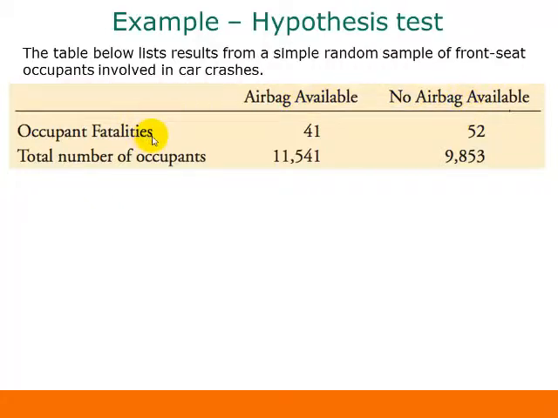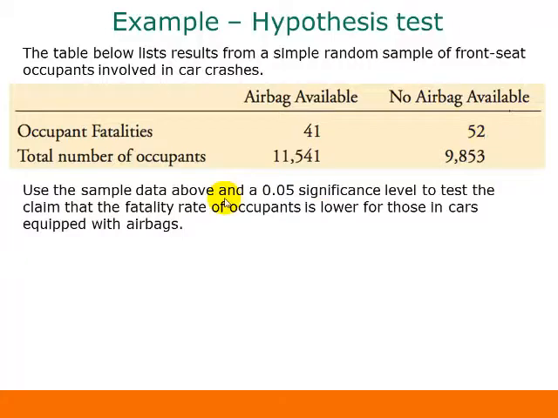And we have here in the table the number of occupant fatalities out of the total number of occupants. So out of the 11,541 crashes where an airbag was available, there were 41 fatalities, and out of the 9,853 where no airbag was available, there were 52 occupant fatalities.